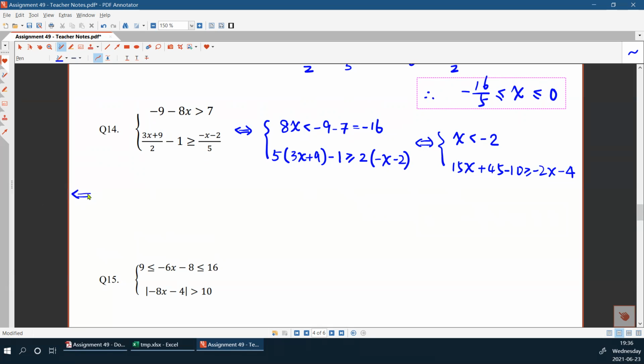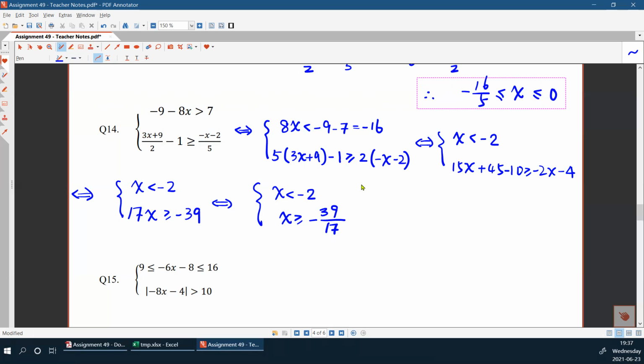Okay, so this is equivalent to, first of all, x should be smaller than minus 2. Second of all, 17x should be greater than or equal to minus 39. And this is equivalent to x should be smaller than minus 2, and x should be greater than or equal to minus 39 over 17.